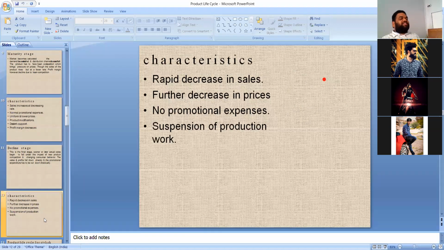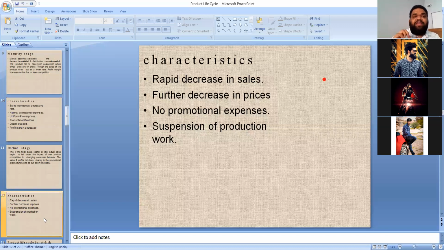So this is about the PLC and PLC analysis at every stage. At two stages we have product modification, that is the growth stage as well as the maturity stage. I have already said that every stage of this PLC will last for many years.